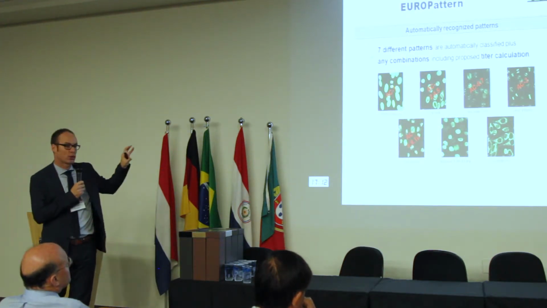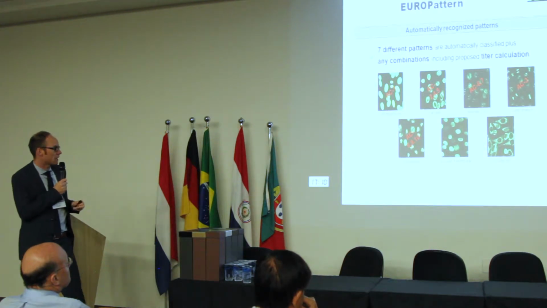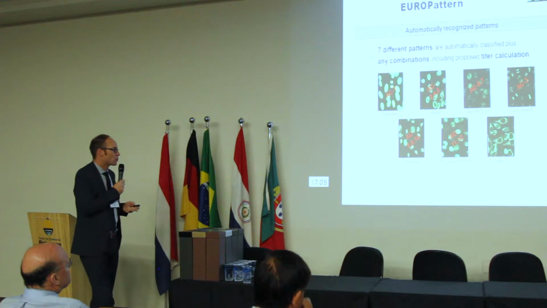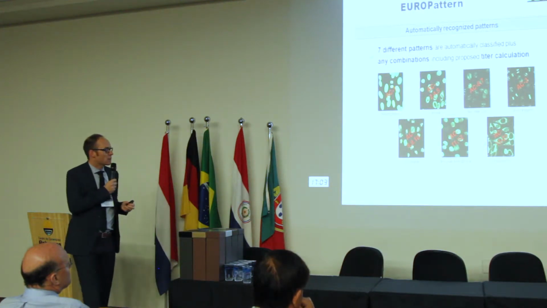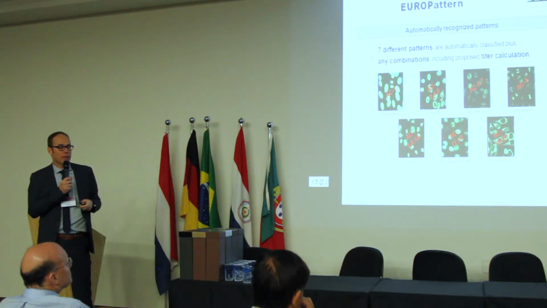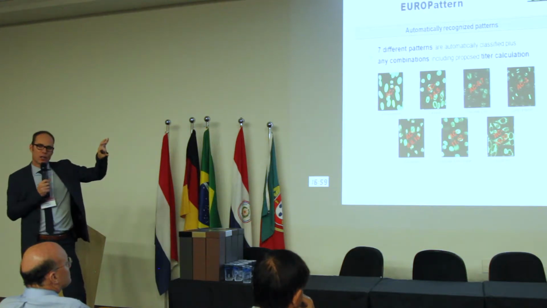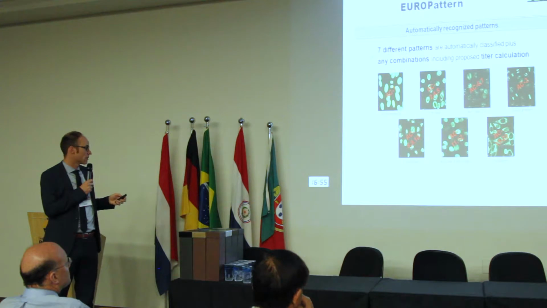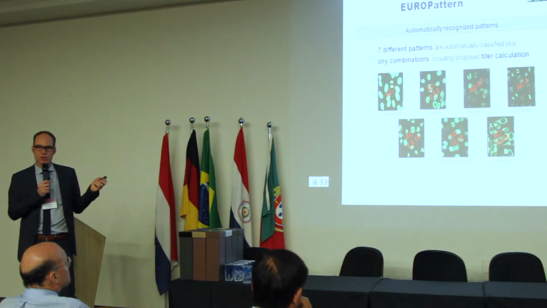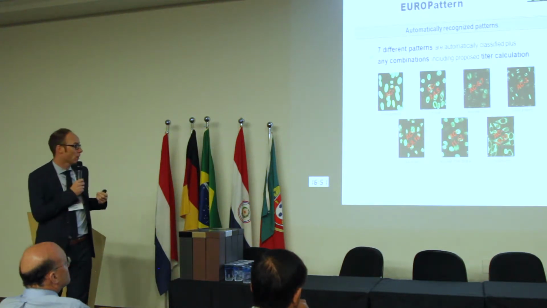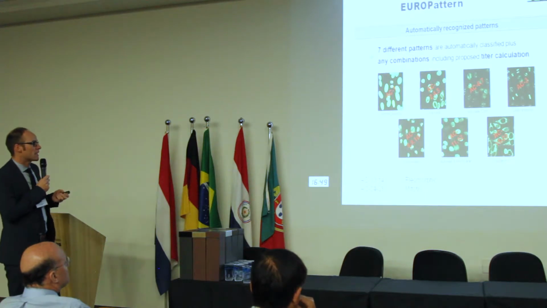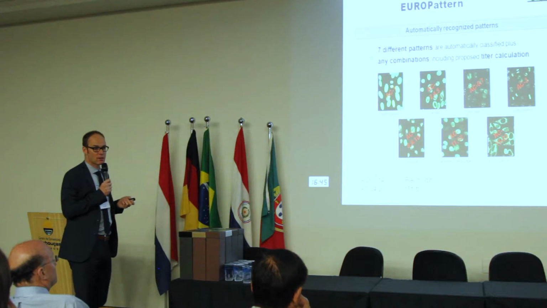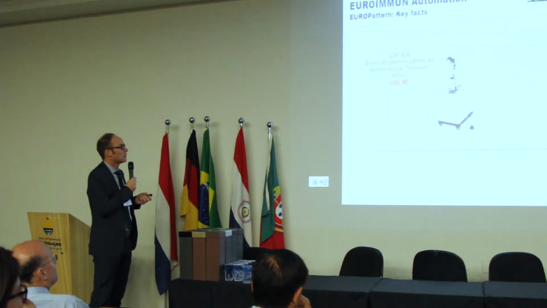Then we have a group of nucleolar patterns, which is 8, 9, and 10. Nuclear membrane is 11 and 12, and cytoplasmic is 15 to 23. So also here you see that a lot of patterns mentioned in the ICAP are already covered by the system. And this of course has a huge influence on our daily work. What is currently missing is pleomorphic and mitotic, but this is also something we are working on.